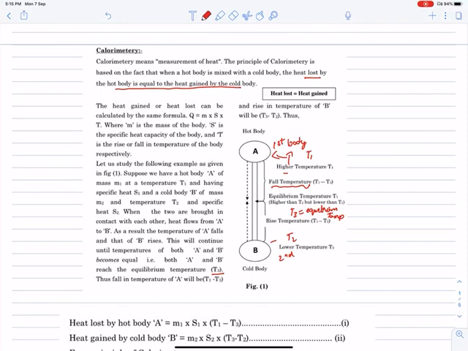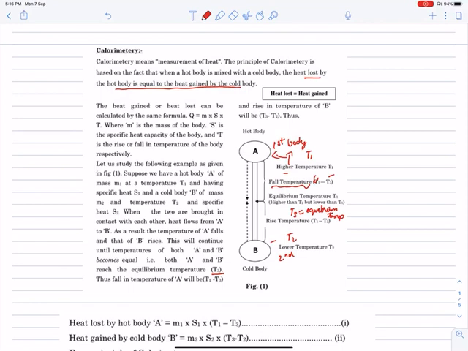T1 is obviously higher and T3 is lower, so the fall is T1 minus T3. Body B is gaining heat, so there will be a rise in temperature, which is T3 minus T2.